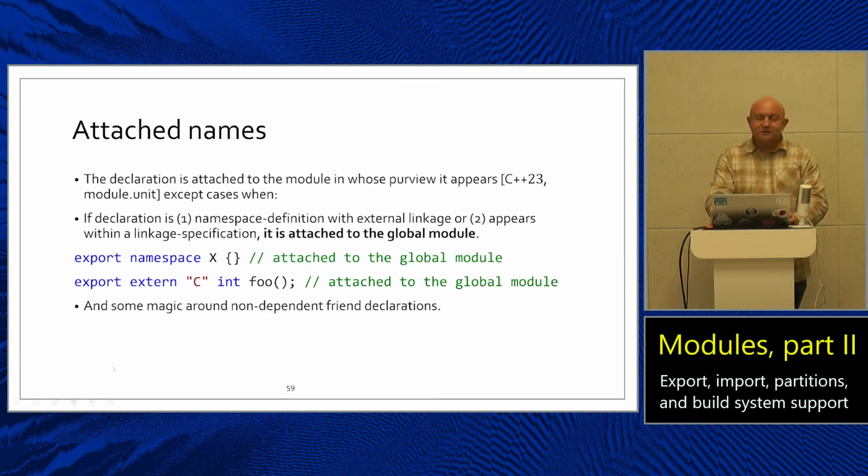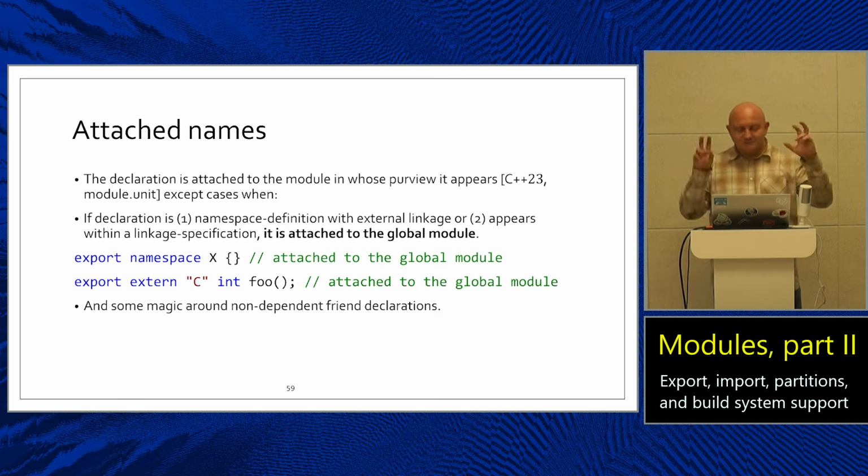Okay, so what about attached names? The compiler says something is wrong with name attachment, but what does it actually mean for a name to be attached to a module? Given that modules themselves aren't namespaces, the name is not in the module namespace, it is attached some other way.